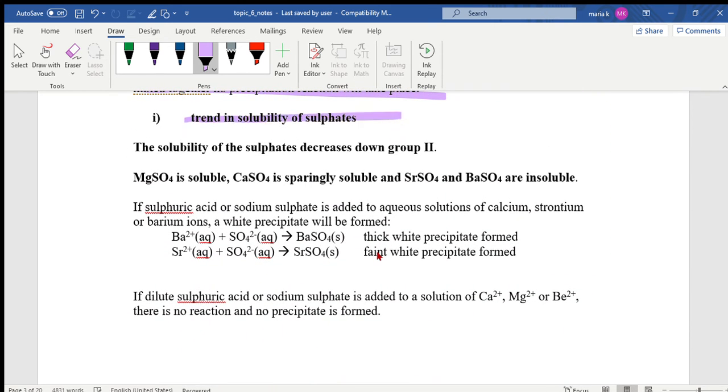So, trend in solubility of sulfates. We established that as we go down the group, the solubility decreases, from most to least. Magnesium sulfate, relatively at the top, is soluble, but it goes down and down to insoluble, and this is quite important. Barium sulfate is used as a barium meal and is ingested into the digestive tract.